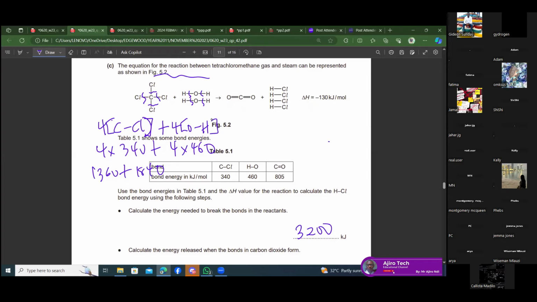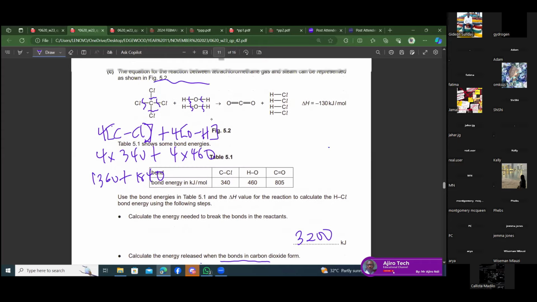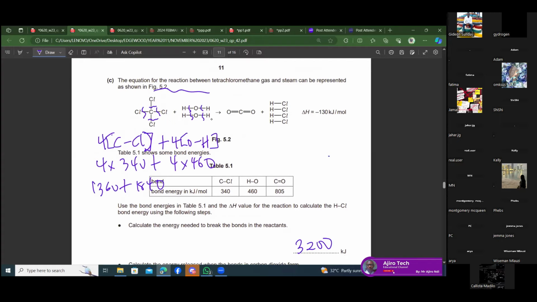All right. So the next one says calculate the energy released when the bonds in carbon dioxide form. This is carbon dioxide. So when the bonds in carbon dioxide form, there's going to be a break here, and there's going to be a break here. So we're breaking at 2 positions here.